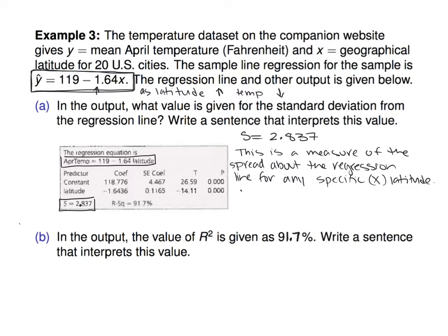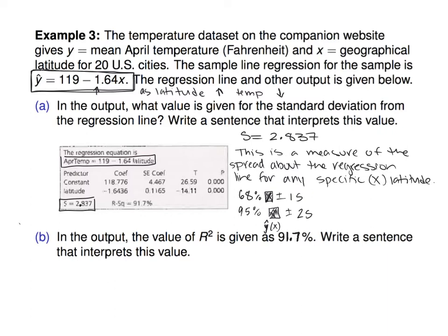You know, you'd have 68% would fall within plus or minus 1 standard deviation of whatever your mean for that latitude was. 95% fall within whatever your mean is plus or minus 2 standard deviations. And what will go into this means box that I left as kind of like a blank box would be what you get when you plug in a specific number into y hat. So y hat with some specific x plugged in.